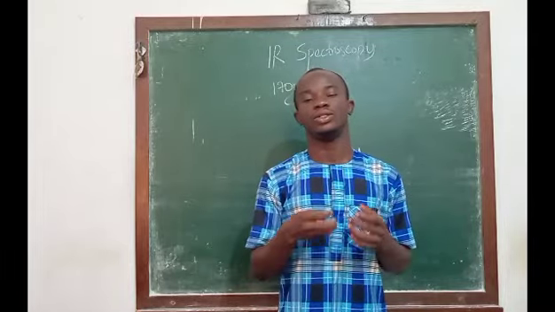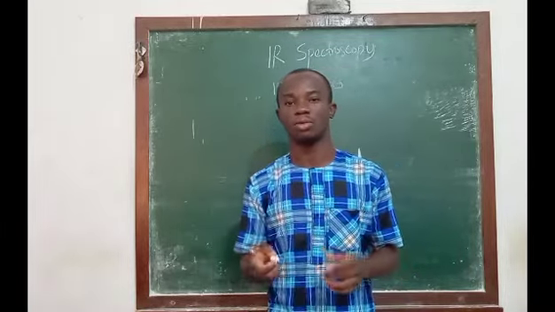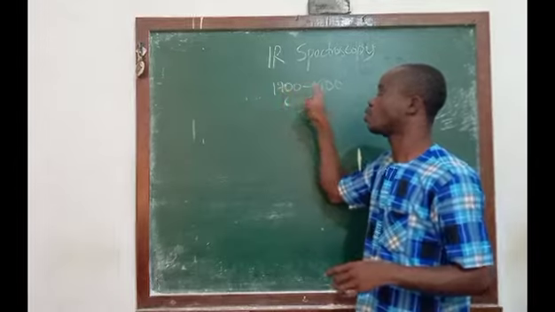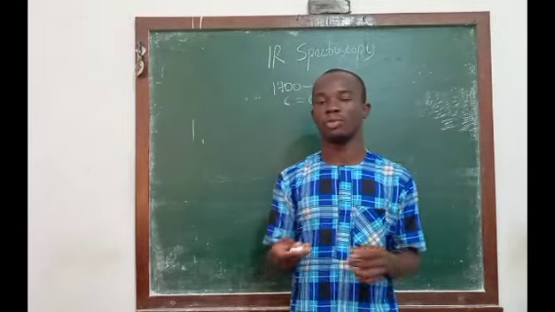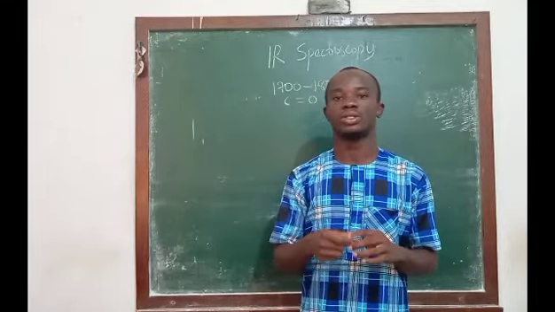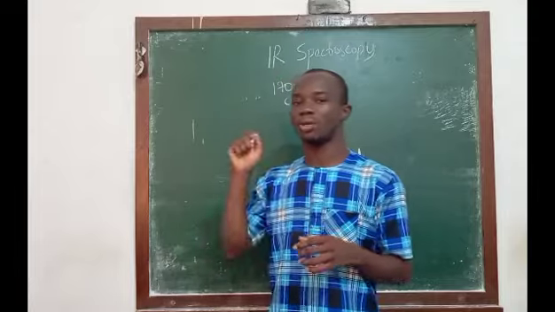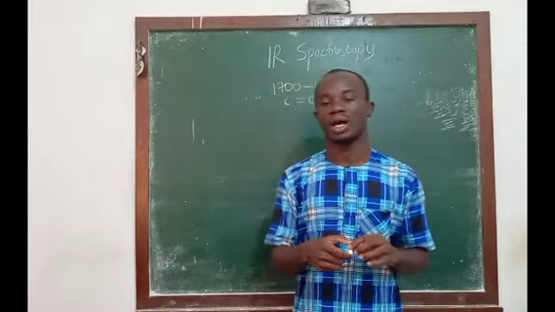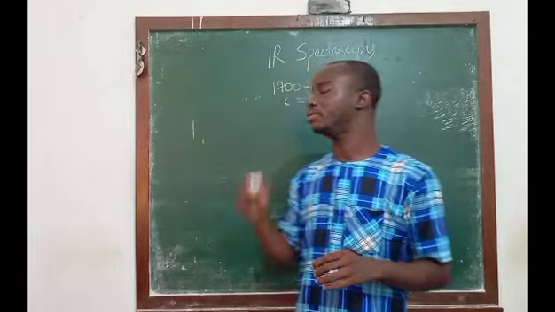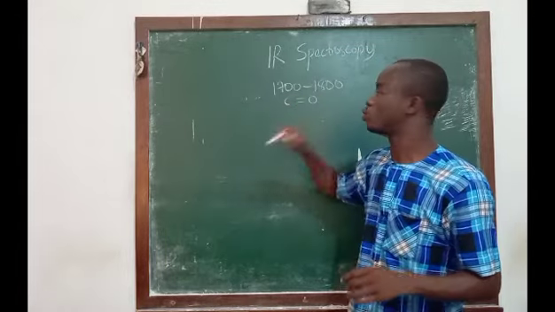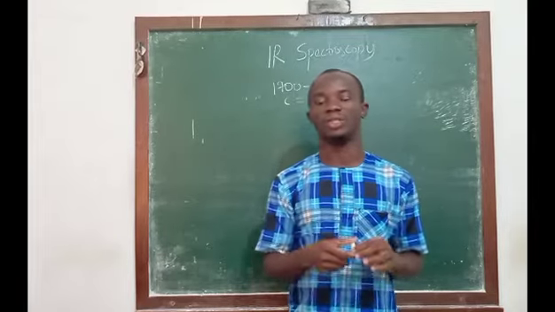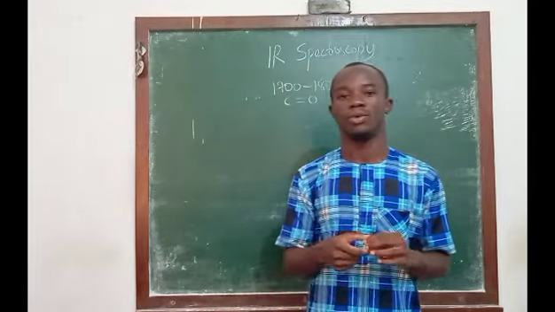So anytime your carbonyl is conjugated to a double bond, there is a tendency that the signal for the carbonyl will fall below 1700. But if it is going to fall below 1700, it shouldn't be less than 1600. But the major region for the carbonyl signal is between 1700 and 1800. So it's only conjugation effect or probably mesomeric effect that can make the signal for this carbonyl fall below this region.